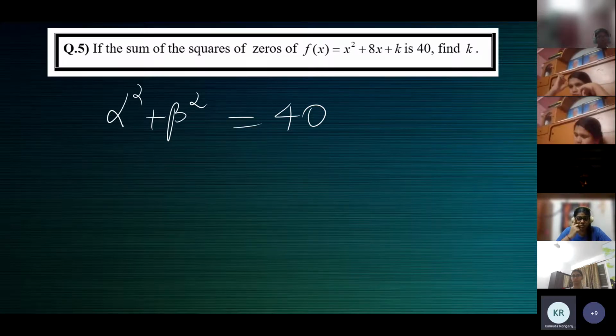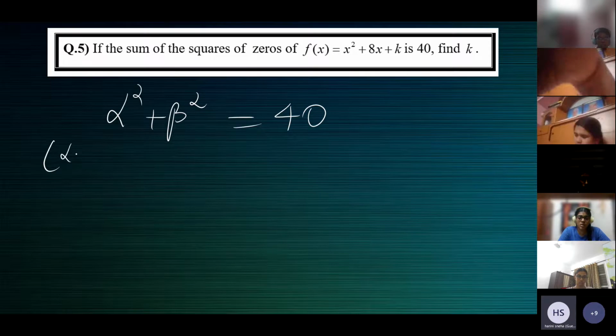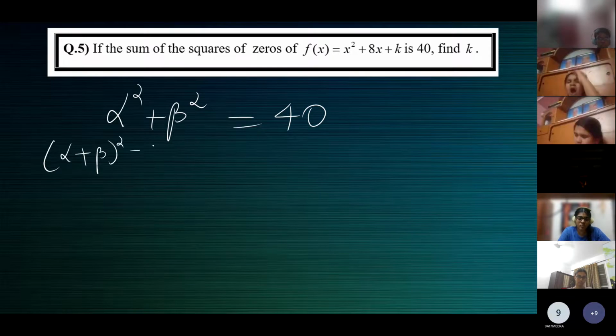For this quadratic polynomial, if the sum of the squares of the zeros is 40, you should find k. So alpha square plus beta square is equal to 40 is given to you. Now what is alpha square plus beta square, children? Alpha plus beta whole square minus 2 alpha beta. Very good. Is equal to?